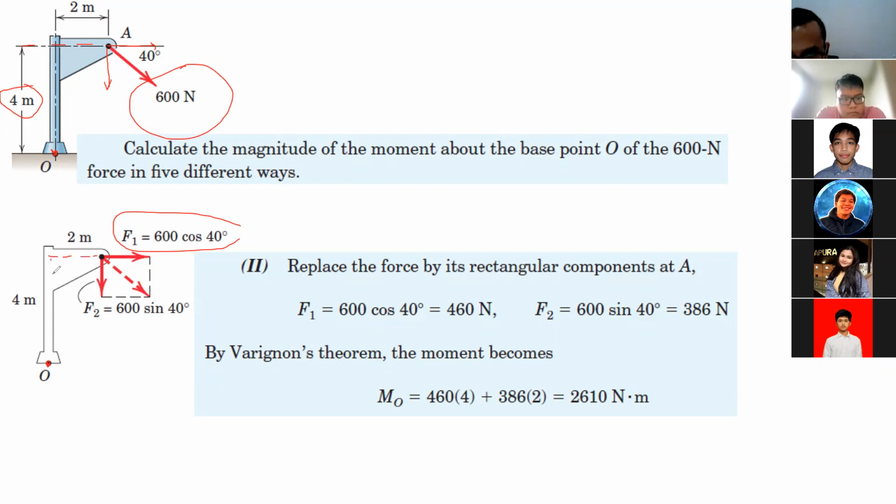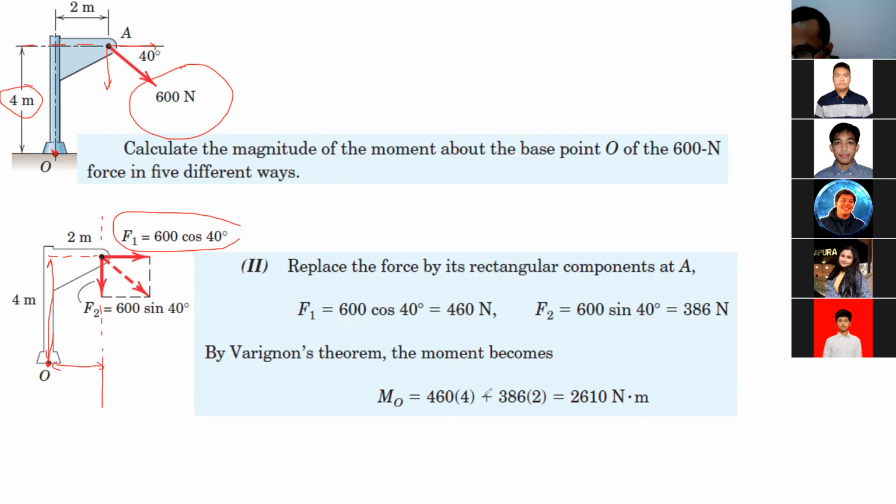So this is the perpendicular distance, 4 meters. Then we also need to find the perpendicular distance of F2. From O to F2, it will be 2 meters.